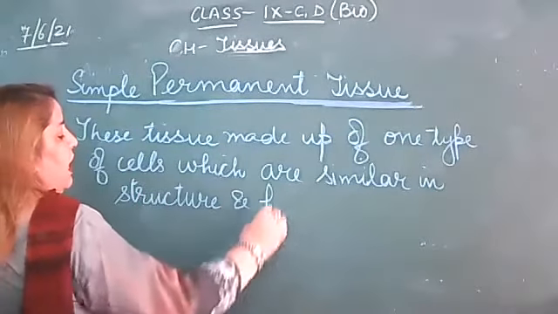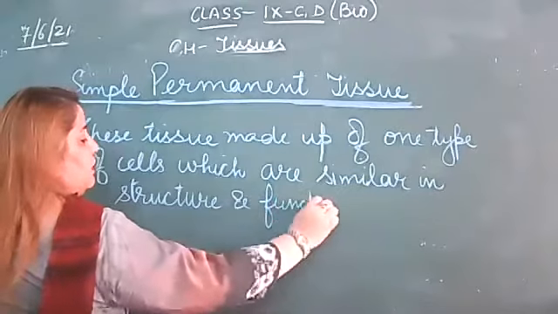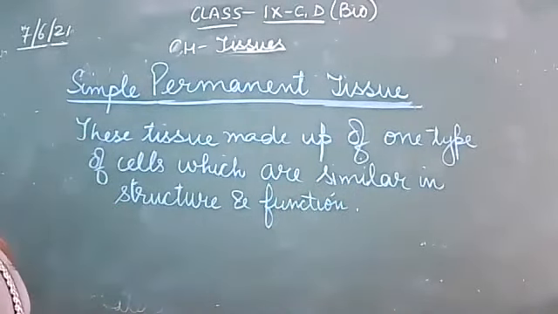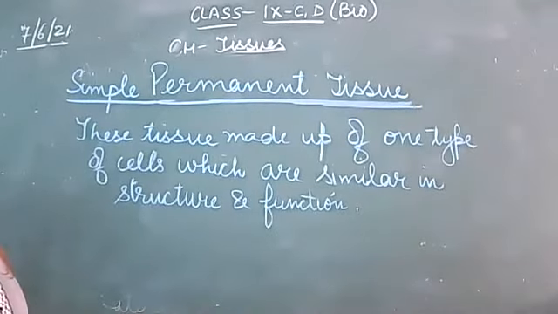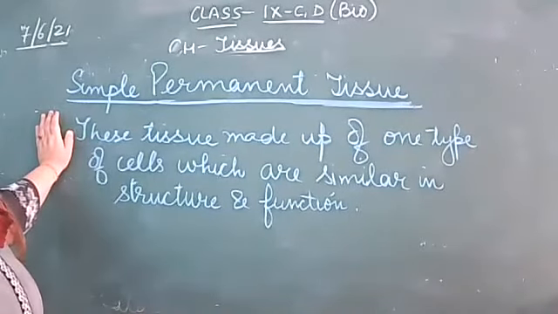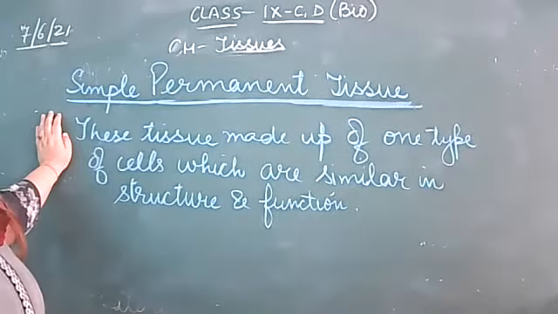That means the tissues which are made up of one type of cells which are similar in their structure and function are called simple permanent tissue.